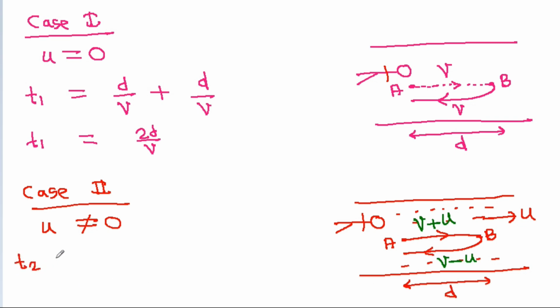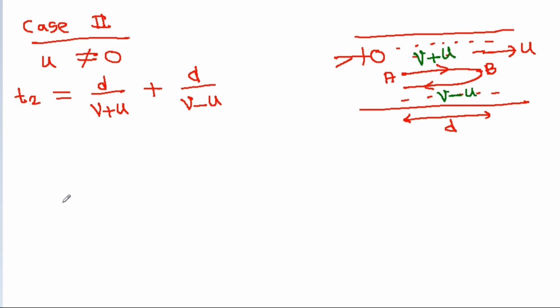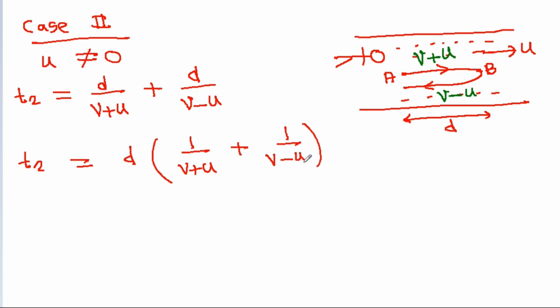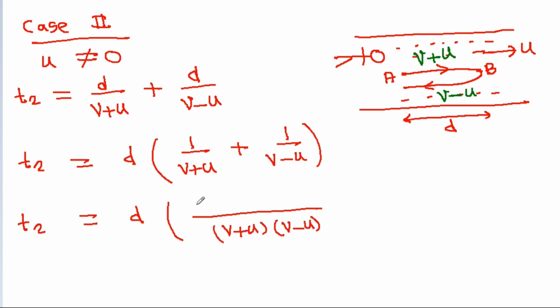So time T2 will be from A to B, it will be D by V plus U, plus from B to A, it will be D by V minus U. So T2 is equal to D times 1 by V plus U plus 1 by V minus U, and T2 is equal to D times, V plus U times V minus U will be the LCM, and here we will get V minus U plus V plus U, and U will get cancelled.